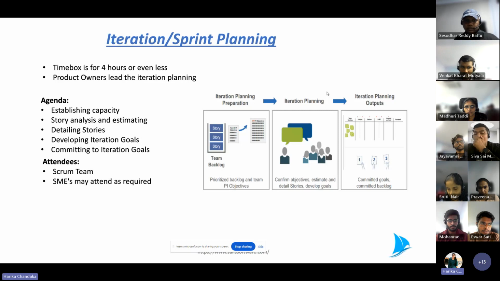Like we are focusing to deliver this feature, or part of this feature, by the end of this sprint. That is how we need to have the stories in place. It also provides a lot of transparency, like who is owning what will be clearly mentioned in the iteration goal. And committing to iteration goals is the next agenda item.